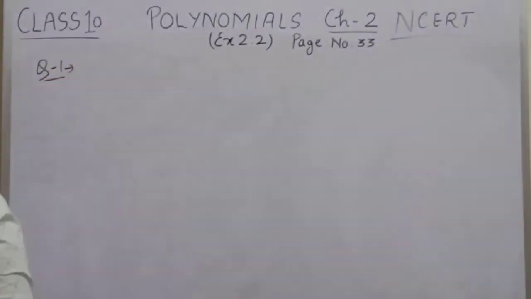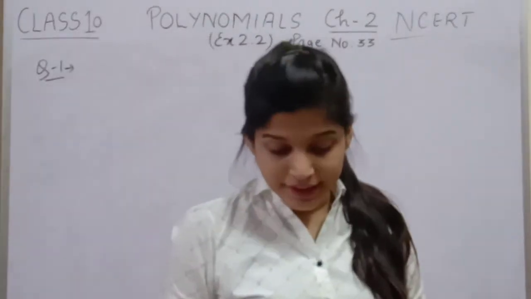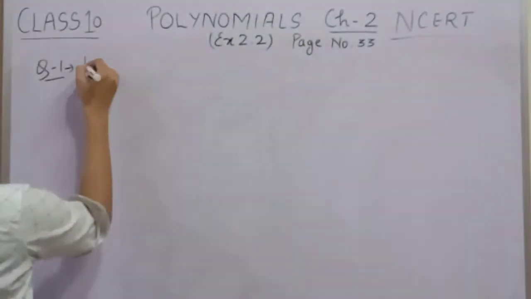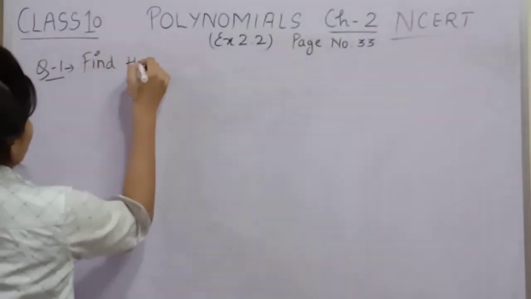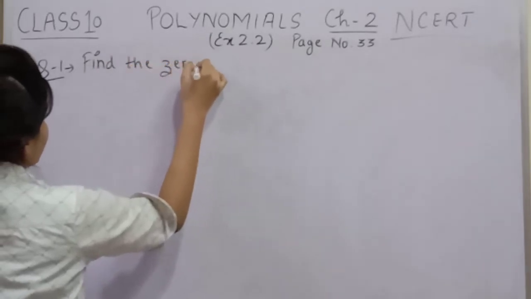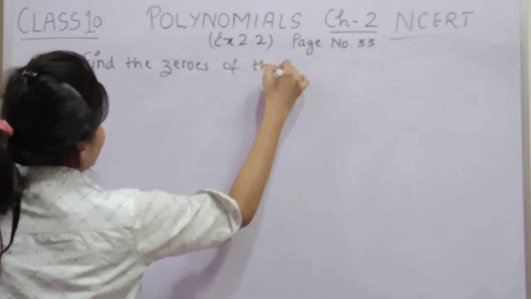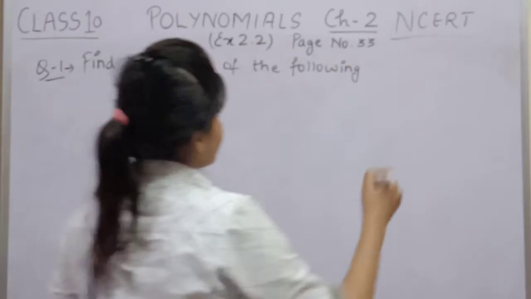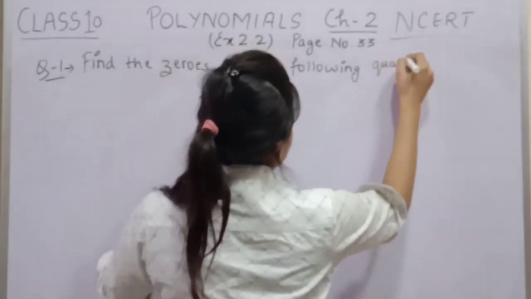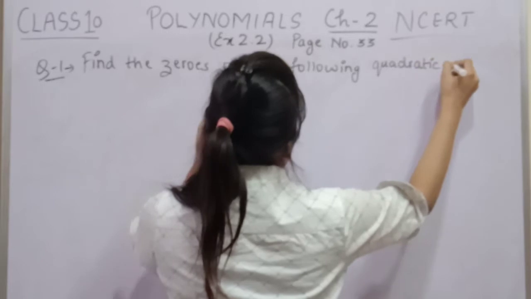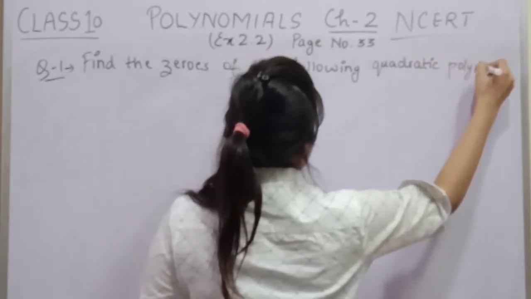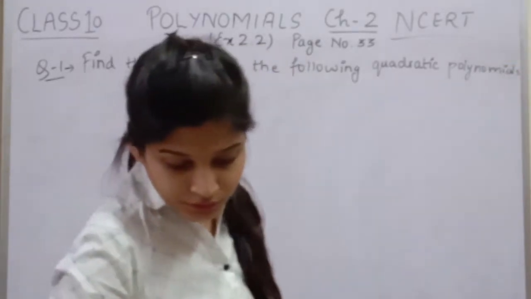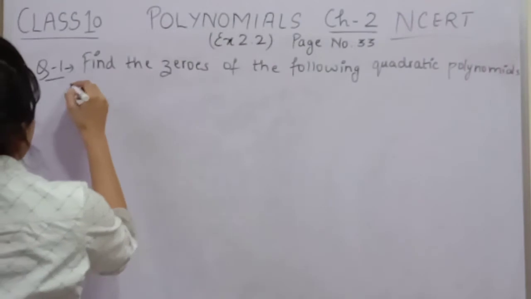So question number 1 of exercise 2.2 says, find the zeros of the following quadratic polynomials and verify the relationship between the zeros and the coefficients.